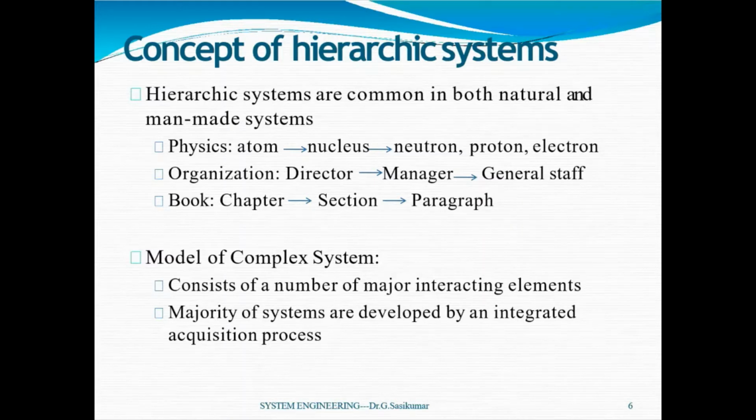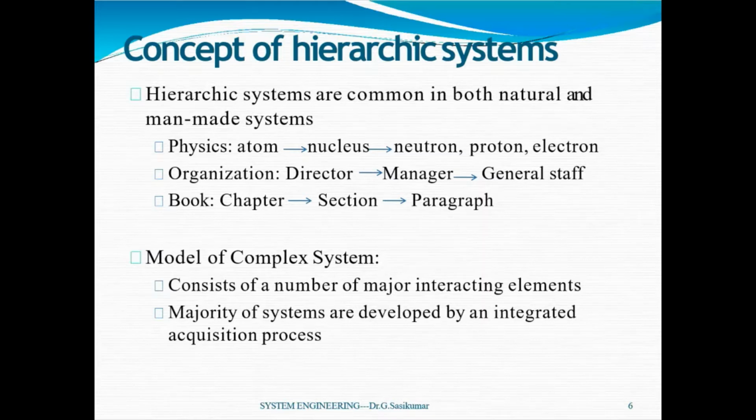And when you go to any organization, any company or any big MNC, or maybe a college or a university, there will be a director who is controlling the overall system, and at the next level it goes to manager, and manager to general staff. So this is an organizational system.